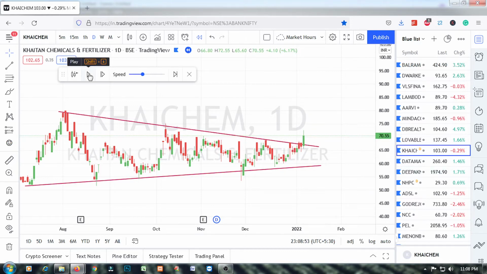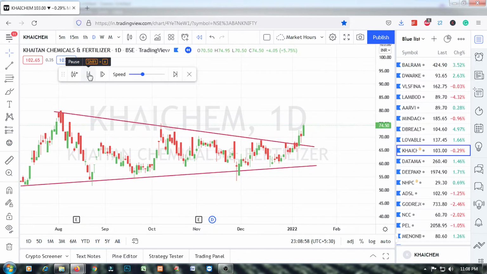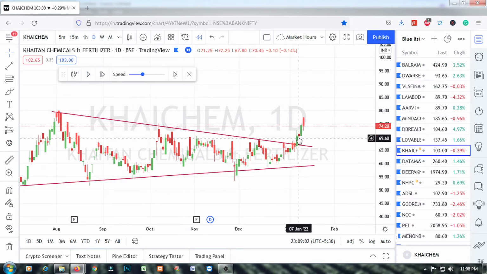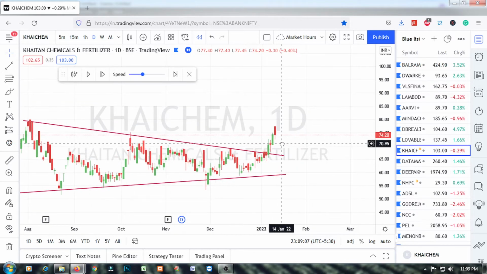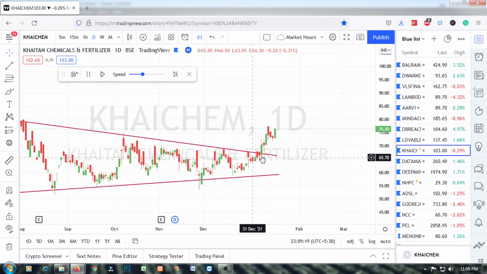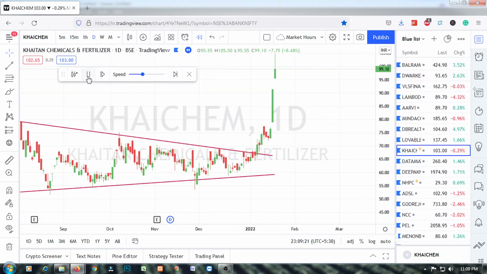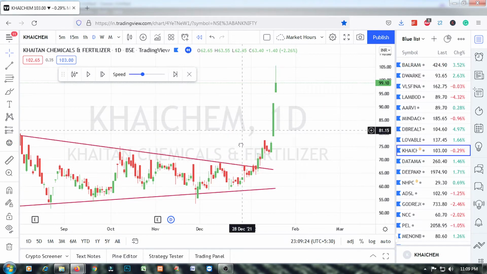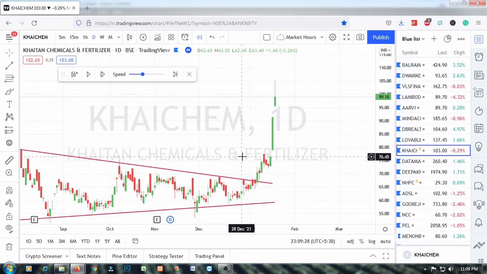So now let us replay the price action after the breakout from the trend line. You have entered on the next day, that is 7th January 2022. After your entry, let us see how much returns it has given. You must stick to the stop loss. You should not be greedy or panic. You should wait until it hits your target or your stop loss.